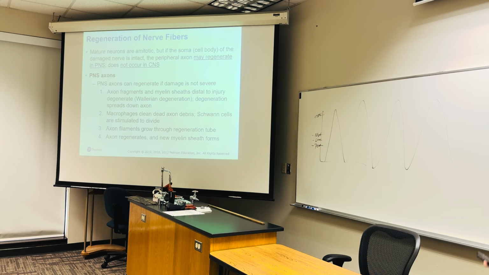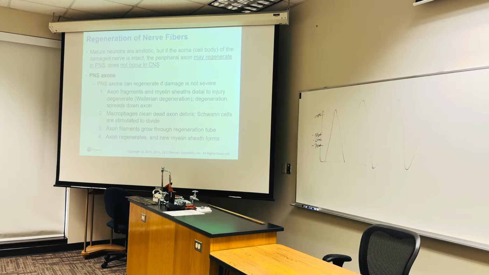However, if there is slight damage, not the whole entire damage, slight damage in the axon, in the peripheral nerve only, not for the central nervous system, that is when the regeneration is possible.